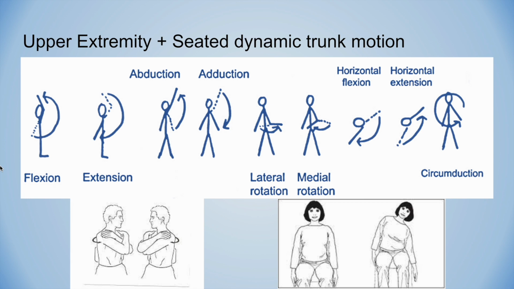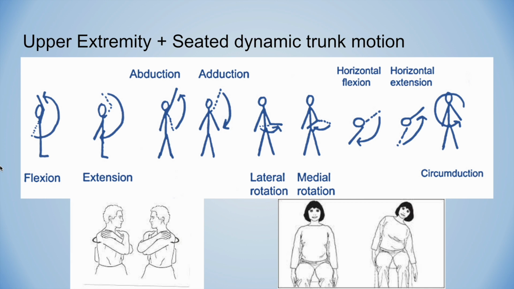These are great pictures here of the upper extremity motions that I'm sure you're all very familiar with, but looking through flexion, extension, abduction, adduction, lateral medial rotation, and horizontal flexion and extension. And looking for deficits, pain, and asymmetry there.